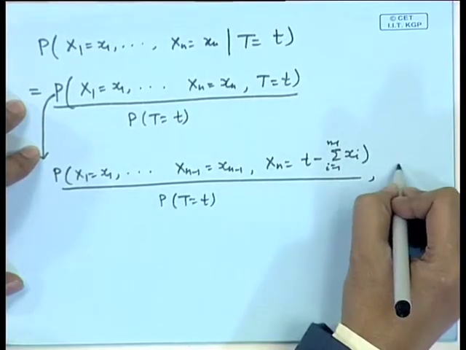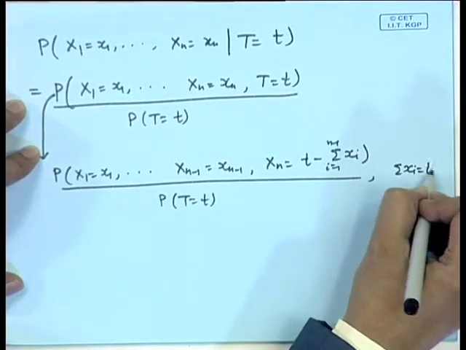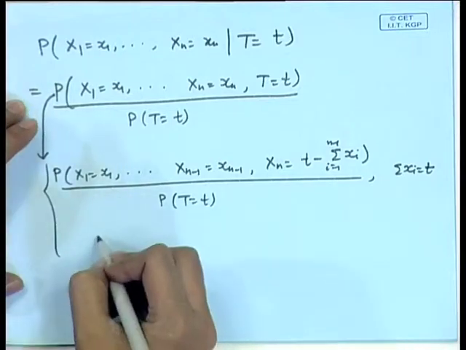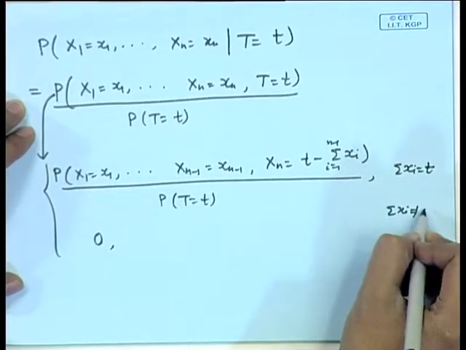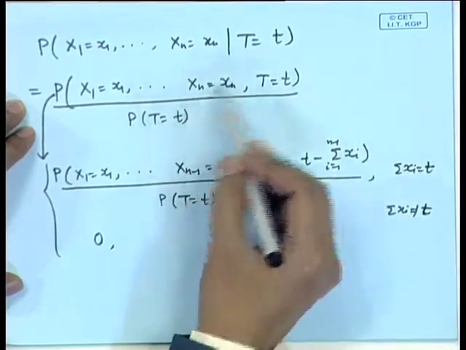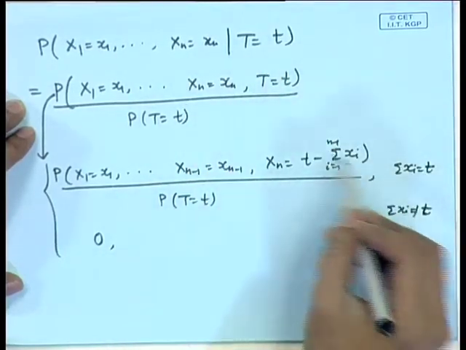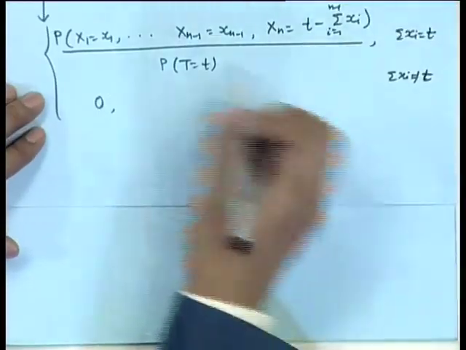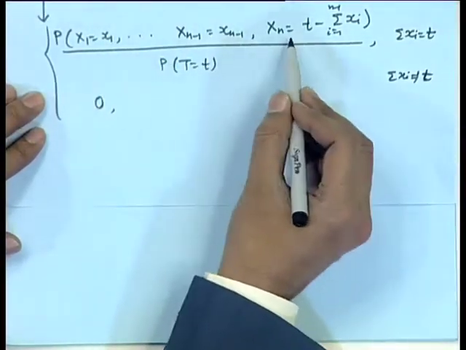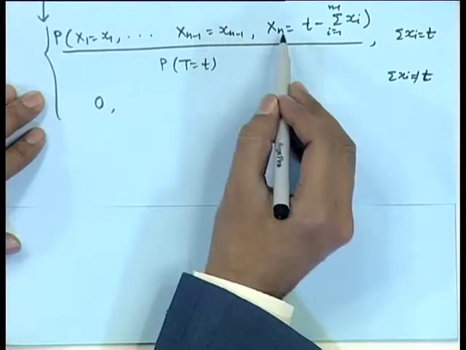This is valid if the sum of xi is equal to t, otherwise it is defined to be 0, because it is conditional on T. So, for every value of t we have to determine this. Now, the numerator quantity can be determined because X1, X2, ..., Xn are independent Poisson(lambda) variables.